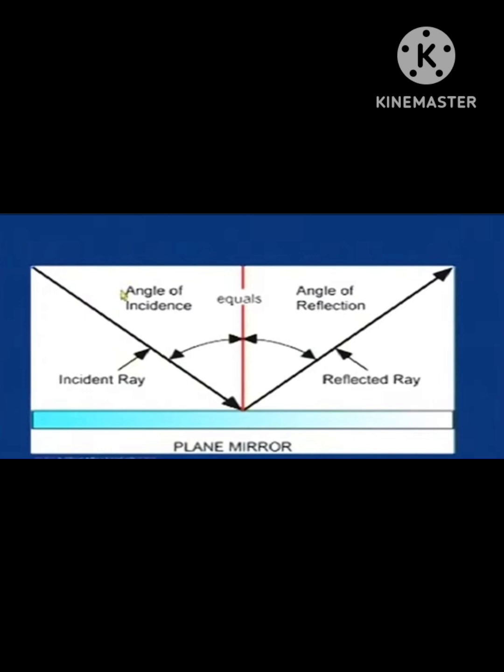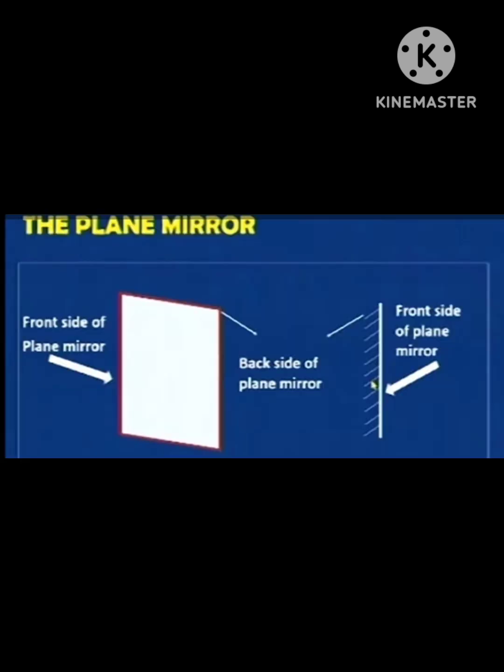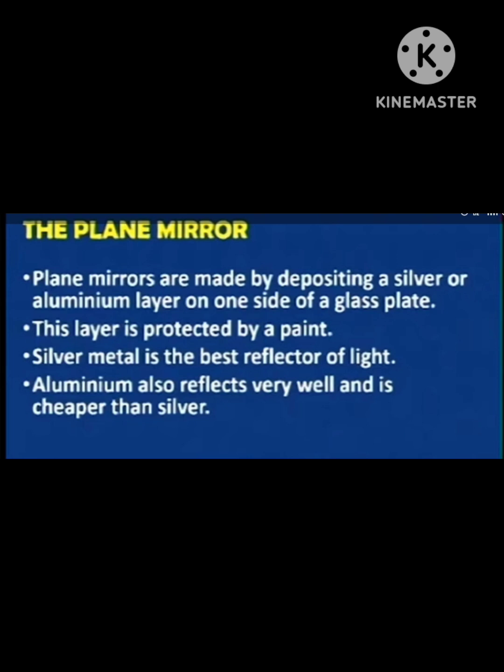How does reflection happen in our surroundings? Let us discuss in a detailed manner. Take a plane mirror, in which we daily see our face. In the plane mirror, one side is a well polished, smooth, transparent surface.